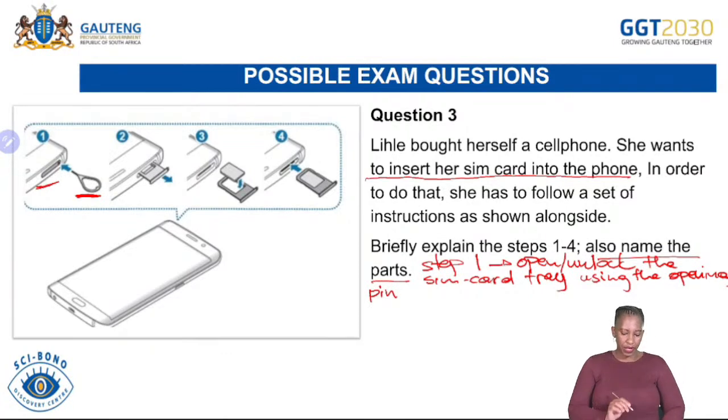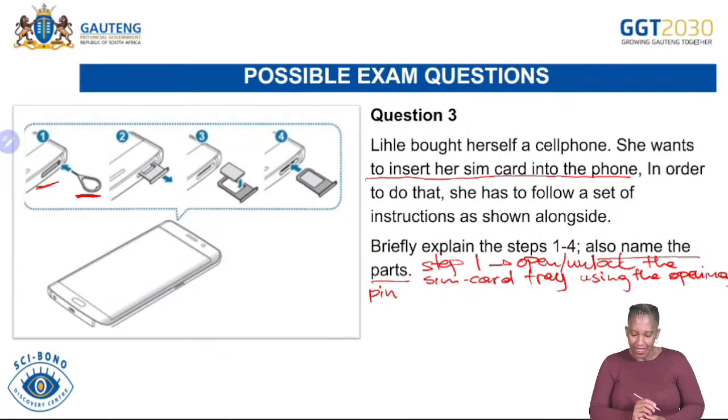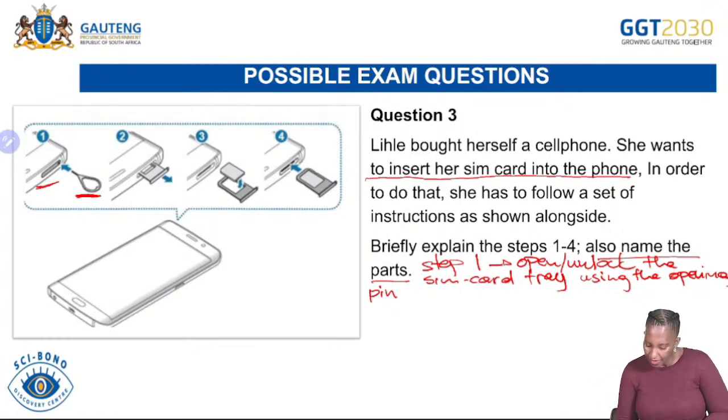We use that pin now. We push it there, and then we'll be able to open or unlock the SIM card tray. And then step number 2.